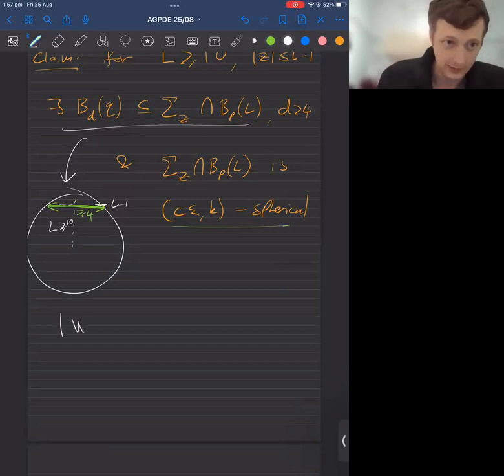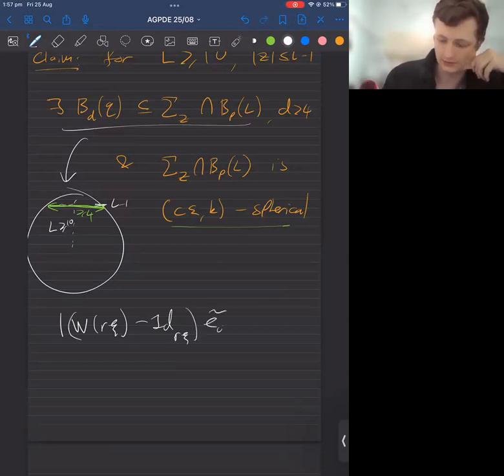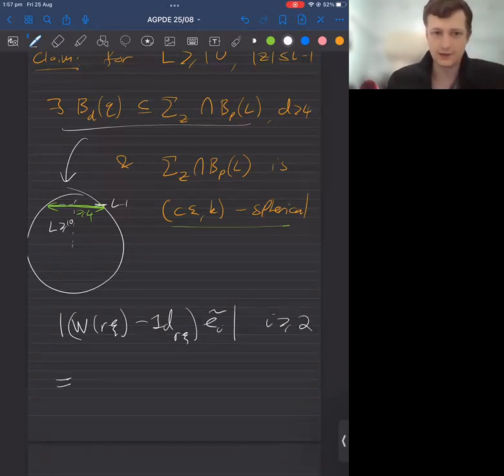So you show that W, if I take the W at the point C and I subtract identity, and I want to act on EI tilde, this is for I greater than or equal to 2, then ultimately you want to use the fact that this frame is close to the EIs without the tildes.